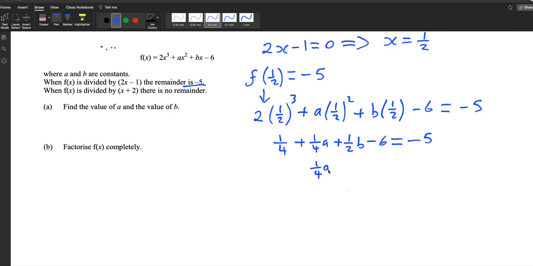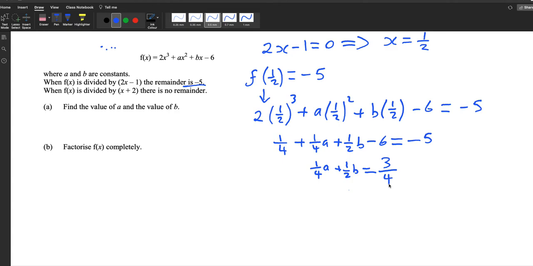So a quarter a plus a half b equals, well, minus 5 plus 6 is 1, and 1 take away a quarter is 3/4.